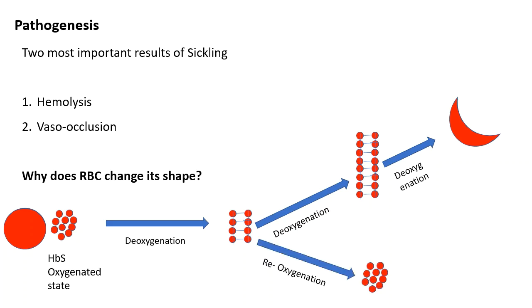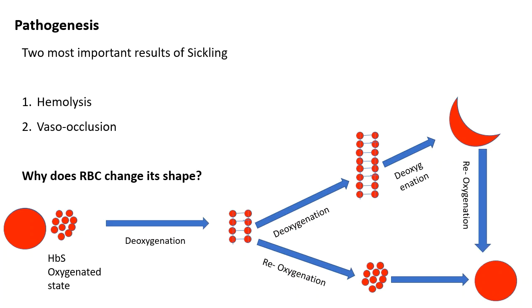Now, at the earlier stage, if reoxygenation occurs, then further polymerization will not happen, and again the HbS would go into the soluble form, and you would get a biconcave shape of the RBCs. Also, on reoxygenation, the sickle cells will again go back to the biconcave shape.